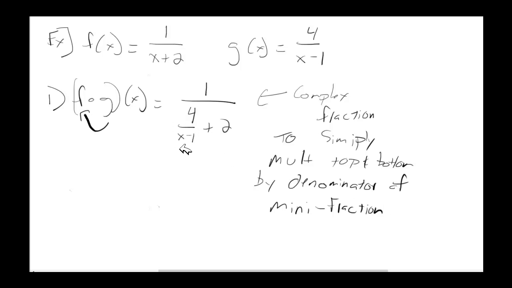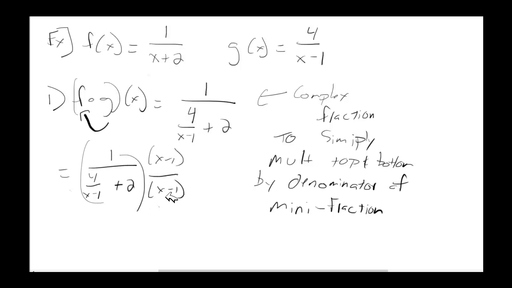So for this case, my denominator is x minus 1. So I'll multiply that to the top and bottom. 4 over x minus 1 plus 2. Algebraically, this is legal. I'm just multiplying by 1 technically.